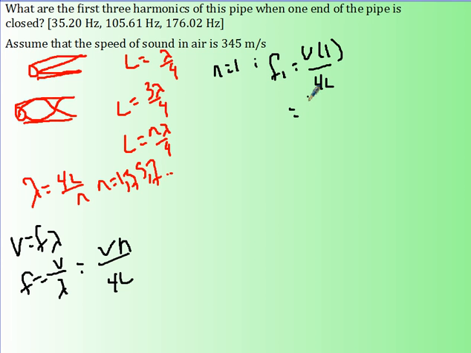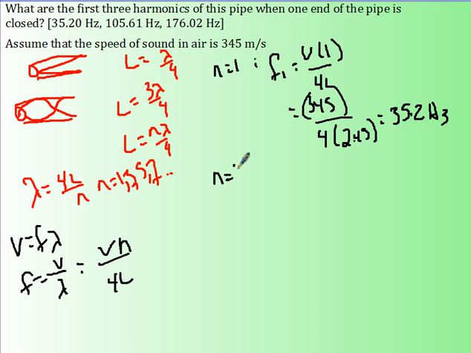So it's 345 divided by 4 divided by, let's see, what was L? 2.45? Which gives 35.2 hertz.